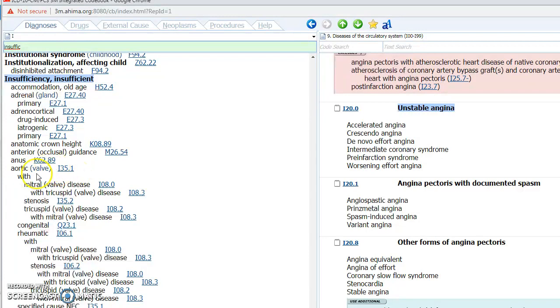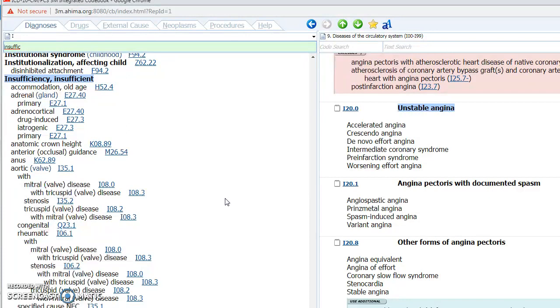Now, whenever you mix an aortic valve with a mitral valve, it automatically becomes rheumatic, and those are going to be an I0 number. So again, you can see down here with the mitral valves, it's I0 numbers. Whenever you mix an aortic and mitral valve together, it becomes automatically rheumatic.